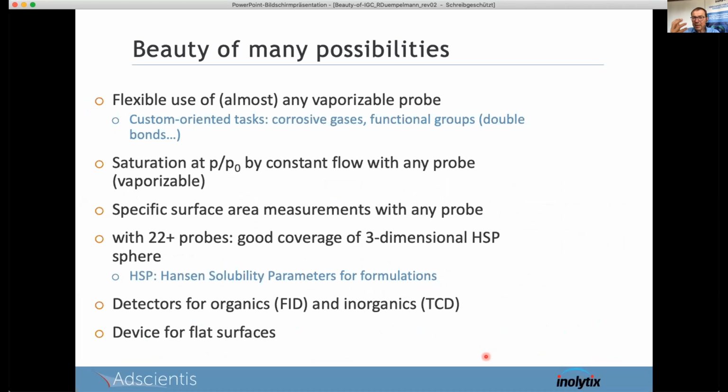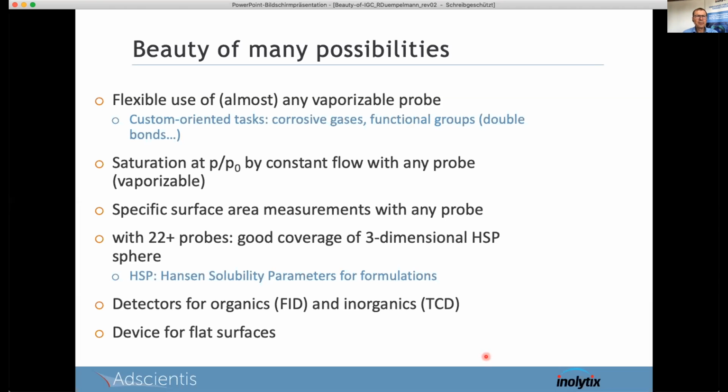So take advantage on this one. Also, having the possibility to saturate the surface or the pores by a constant flow with any probe really gives you an opportunity to measure diffusion coefficients or reactants of your interest in the sample of your interest. So this might be very good for catalyst research.